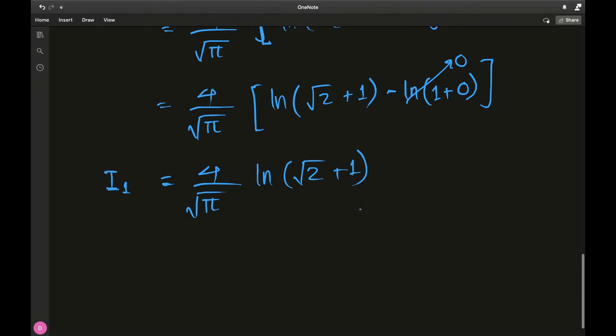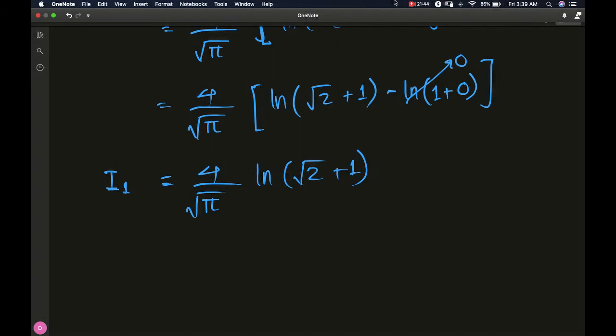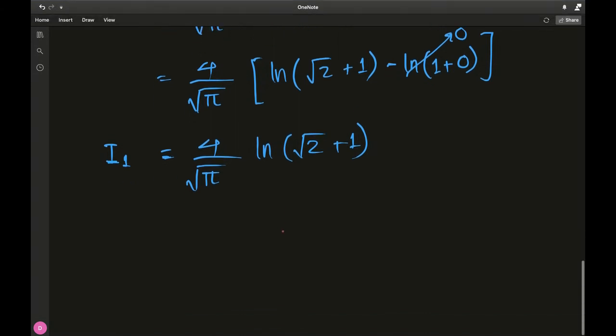But the thing is, we can actually represent this in a way more classy manner. And when I say classy, I mean really classy, in terms of some well-known functions.